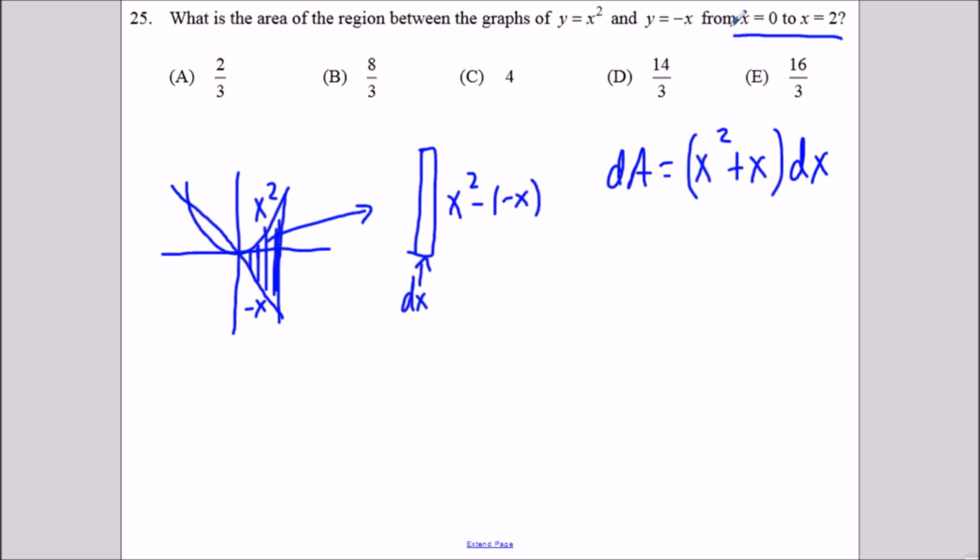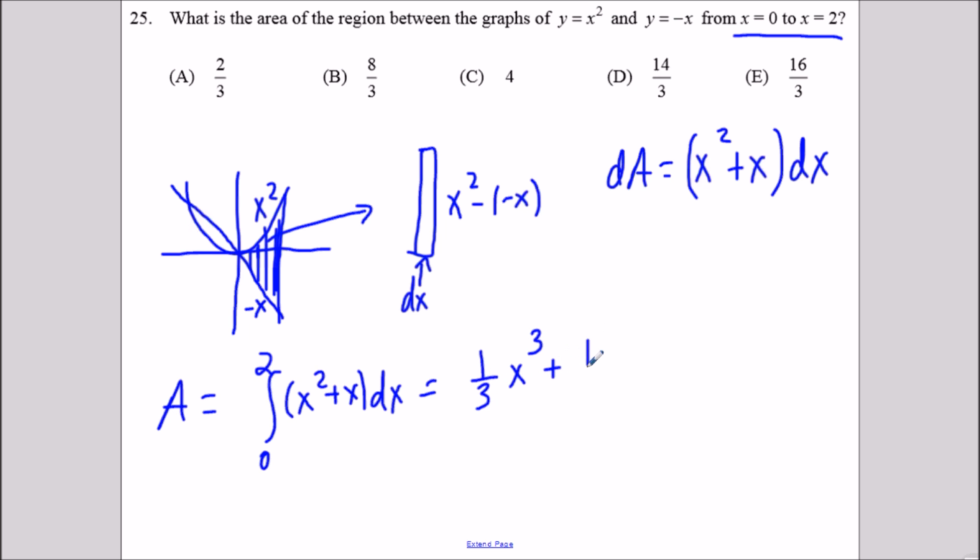But if we want the whole area from 0 to 2, then we're going to take the integral from 0 to 2 of x squared plus x dx. And now this is just FTC part 1, the fundamental theorem of calculus. We'll have 1/3 x to the third plus 1/2 x squared, and we're going to evaluate this from 0 to 2.